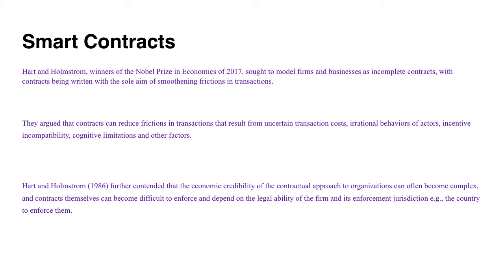Like, for example, if somebody breaks the contract in a company of like 360,000 people, if one guy decides to not show up for work or decides to disappear one day or join another company another day, what would this company be able to do? Would this company go after this person? Would this company sue this person? How does it work, right? And for example, if the person has gone to another country, then can this company pursue the person in the other country? What are the jurisdictional boundaries, and so forth?